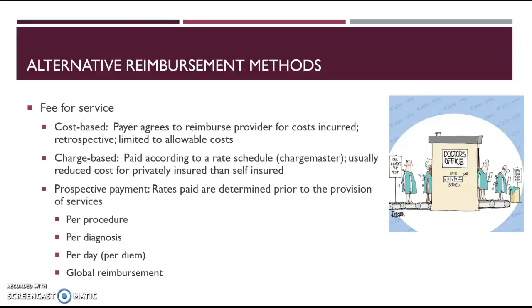So, for example, a hospital might be paid one rate for a day in which a patient receives surgery or has a high level of medical intervention, and then have a lower rate for a day where they don't have such intensive treatment.